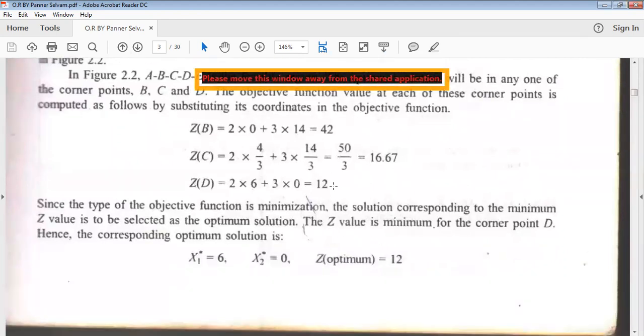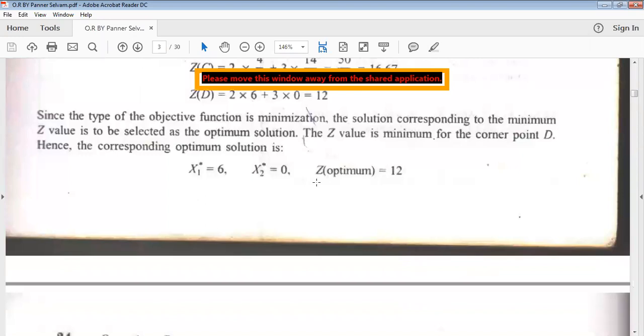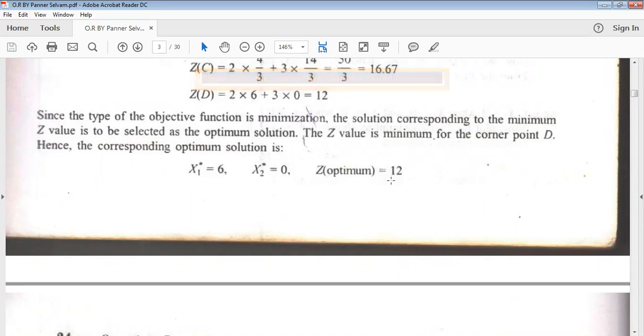Because it's a minimization function, you are going to get 12. That is the objective function value, and the optimum solution is x1 equal to 6, x2 equal to 0, where z is equal to 12.